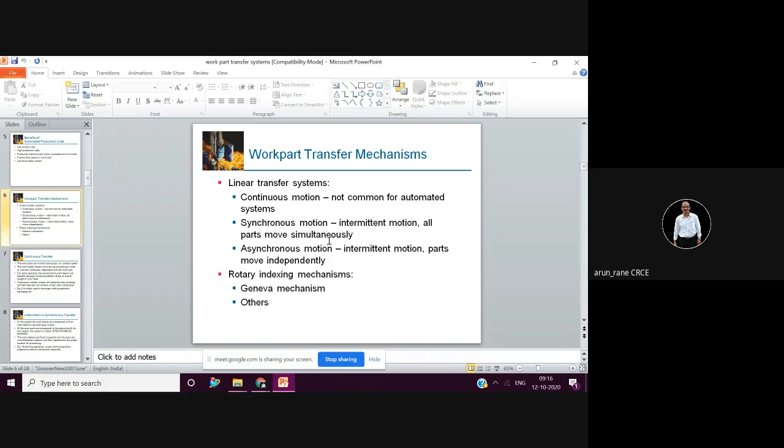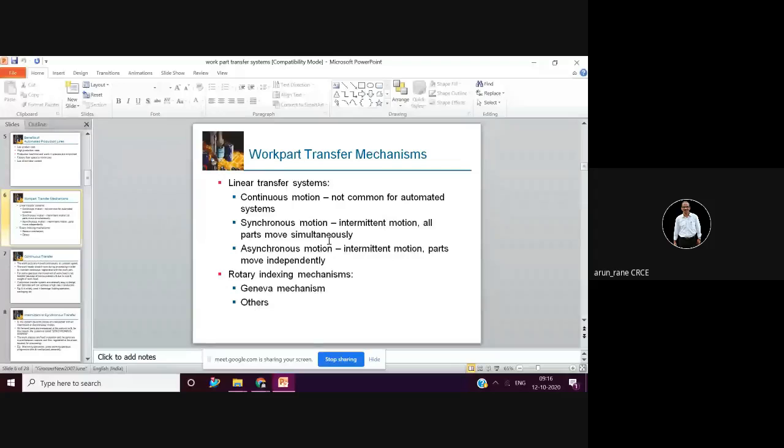All the parts will move simultaneously, together forward. So here it will wait for the slowest operation to happen. Once that slowest operation has happened, then all the parts will be moved. That is what is called synchronous.